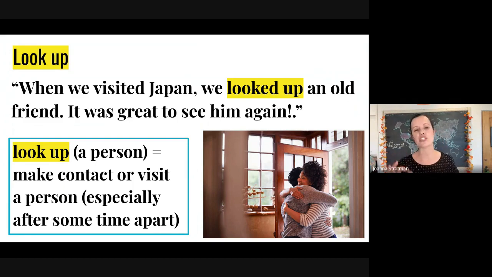And we especially use this in English when you have spent some time apart from this person. So maybe you have not seen them for a long time, so you make an effort to visit them when you are in their country or in their city. So when we visited Japan, we finally made contact with our old friend again.